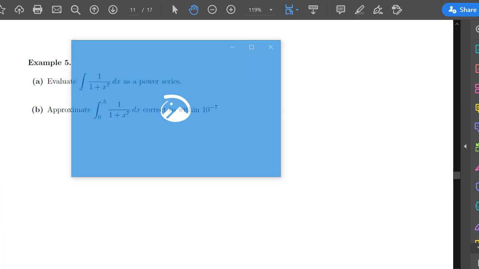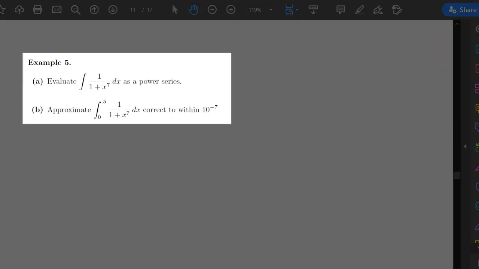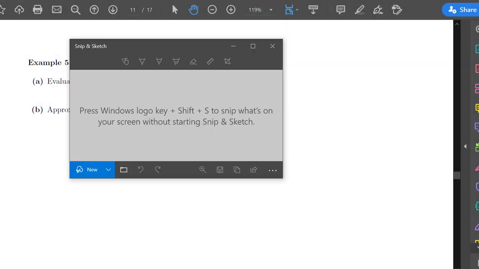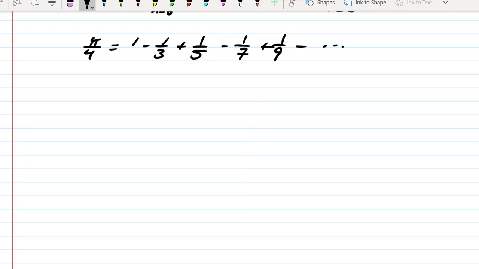So example 5. Evaluate this integral as a power series and then approximate the definite integral from 0 to 0.5 of 1 over 1 plus x to the 7th correct to 6 decimal places.